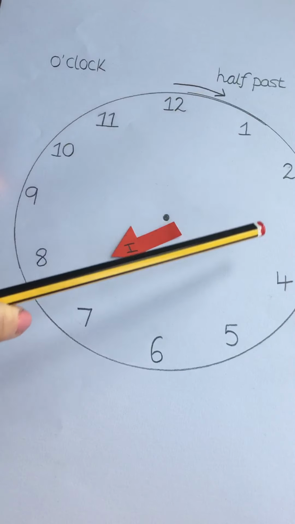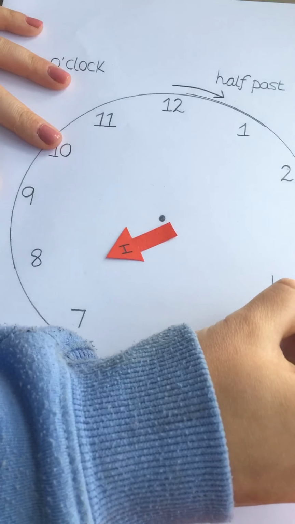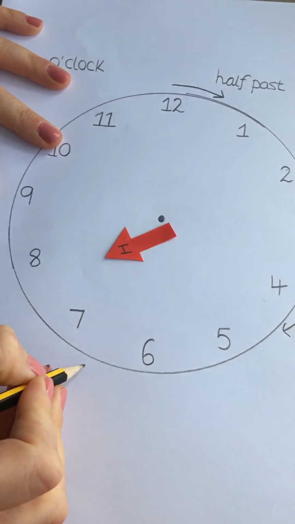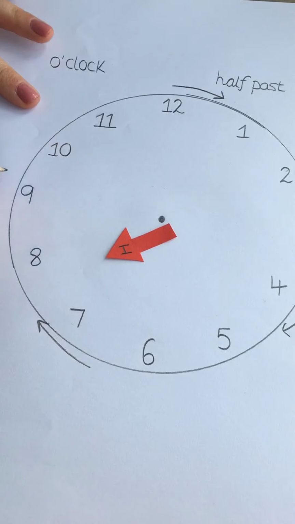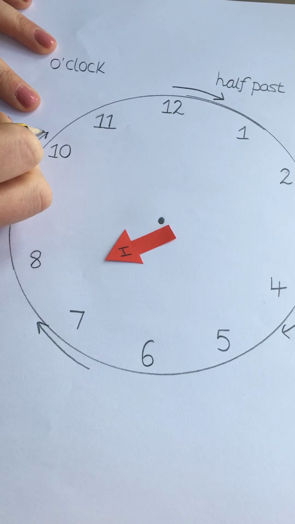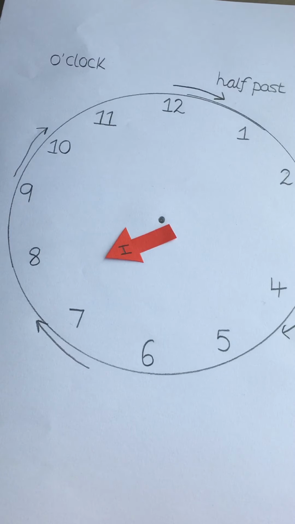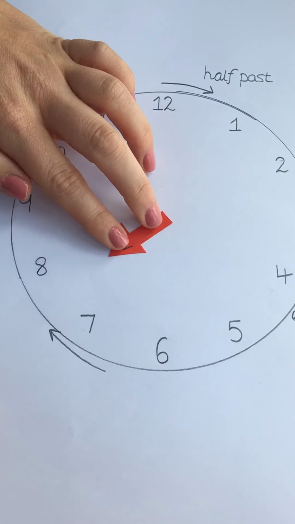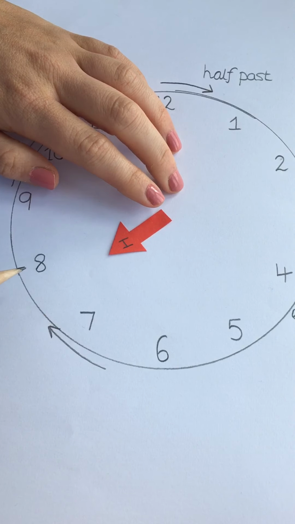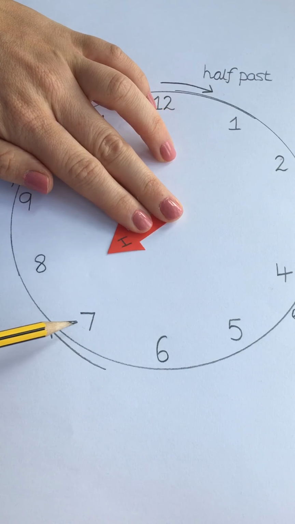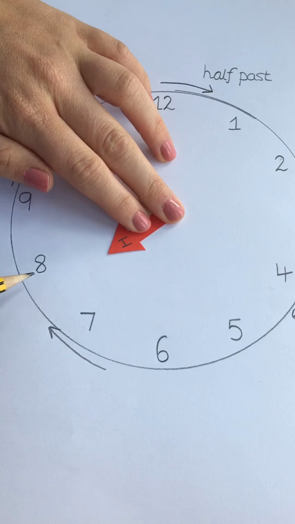We call that a clockwise direction. Okay, so it's going to come around this way. It's going to come around that way. Oh, that's a bit of a wonky arrow, but you get my point. So if it's halfway between 7 and 8, it's past 7. So I would say it's 7:30.